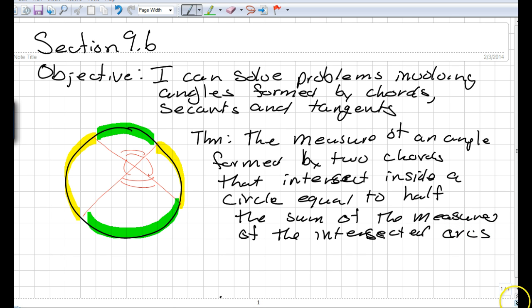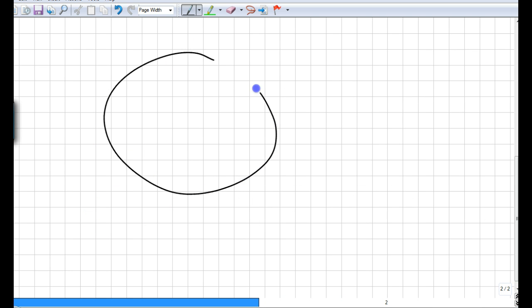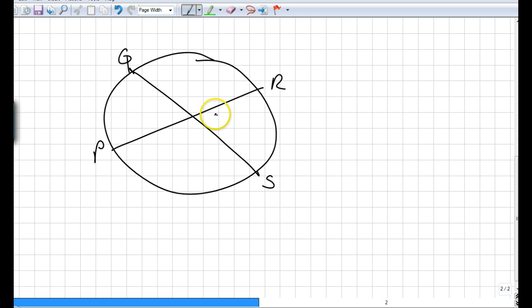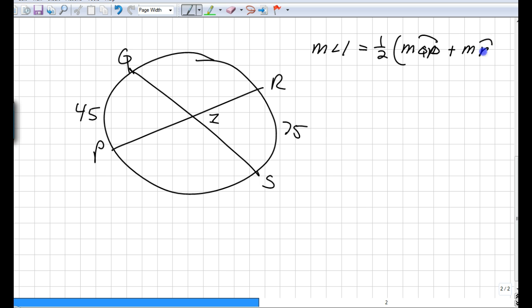Okay, so for instance, I have chord QS and chord PR, and I want to know the measure of angle 1. But I know that arc QP is 45 degrees, and I know that arc RS is 75. And so the measure of angle 1 equals 1/2 times the measure of arc QP plus the measure of arc RS.